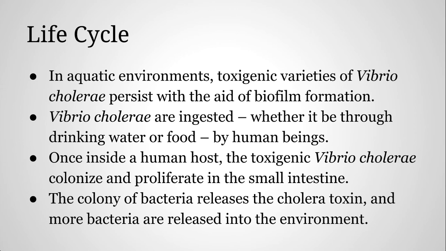So, Vibrio cholerae bacteria live in aquatic environments where their populations persist with the aid of biofilm formation. Biofilm is a slime which develops when free-floating microorganisms, which would be, in this case, the Vibrio cholerae bacteria, attach themselves to a surface, which for the Vibrio cholerae would be zooplankton, phytoplankton, exoskeletons, insect eggs, that sort of thing.